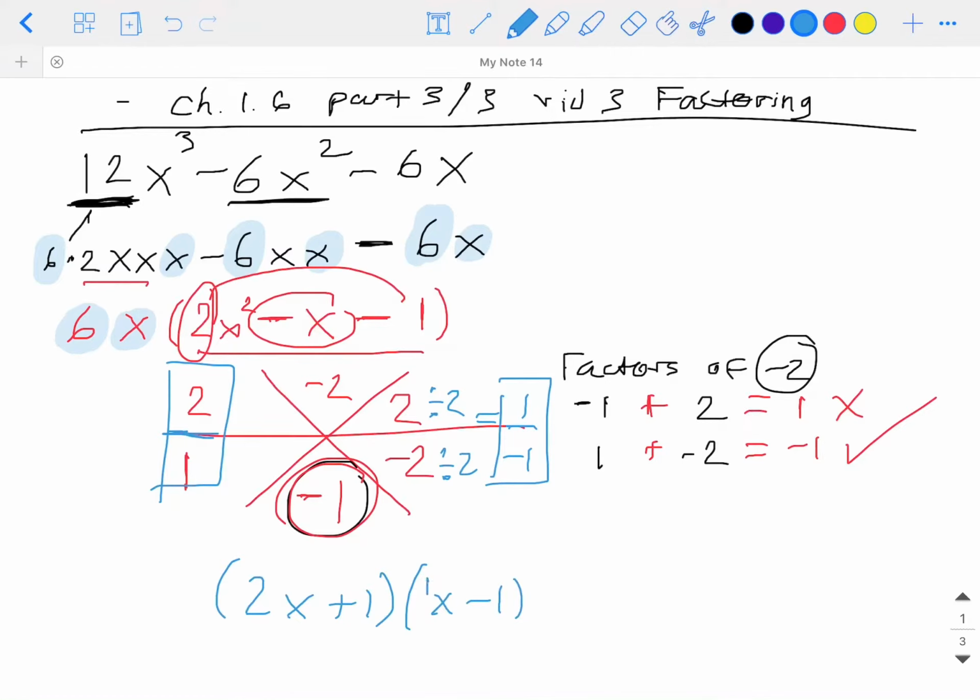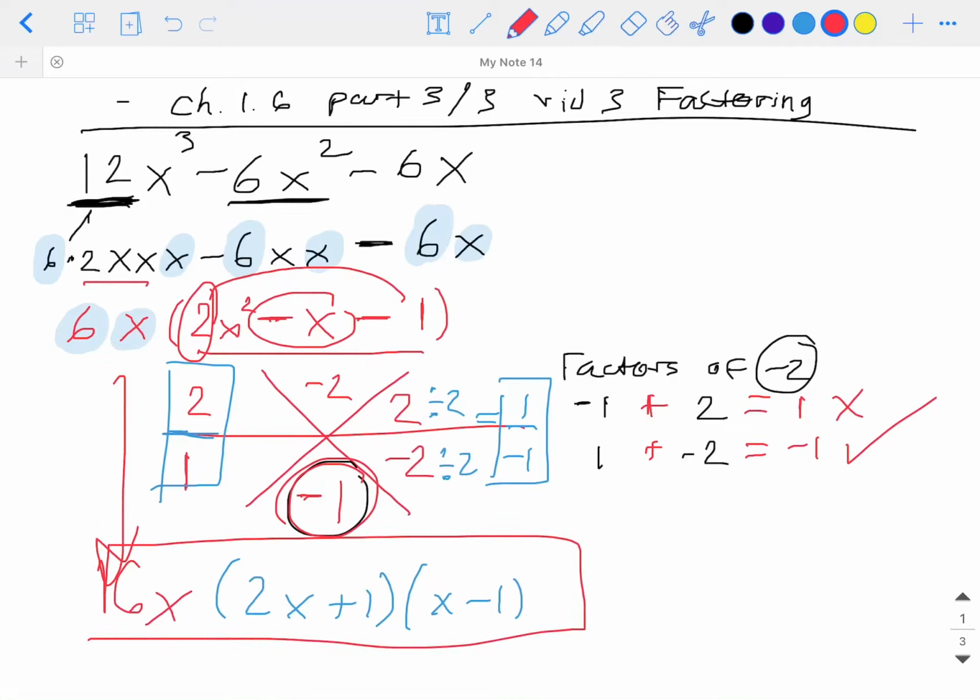When you think about it, it's 1x minus 1, but 1 times x is just x, so we can just keep it like this. And we're going to keep the 6x on the front, so don't forget about that. So 6x times (2x plus 1) times (x minus 1) will be our simplified version of the polynomial.